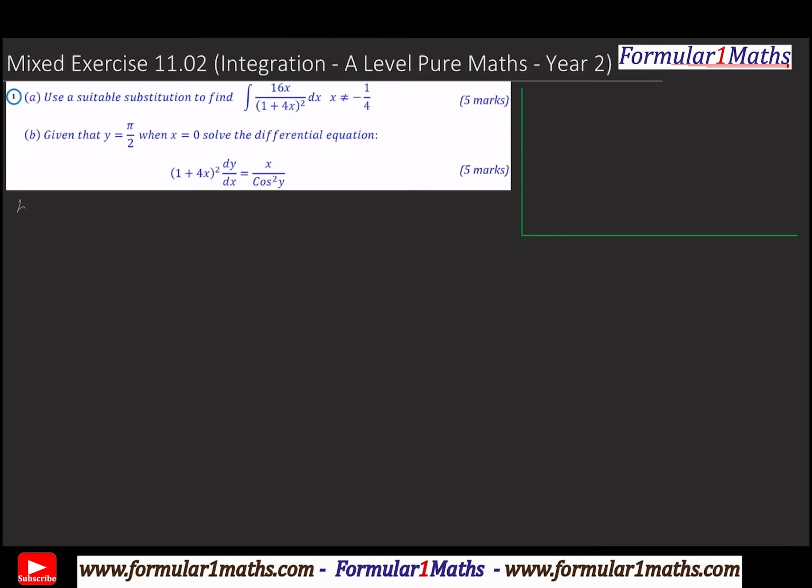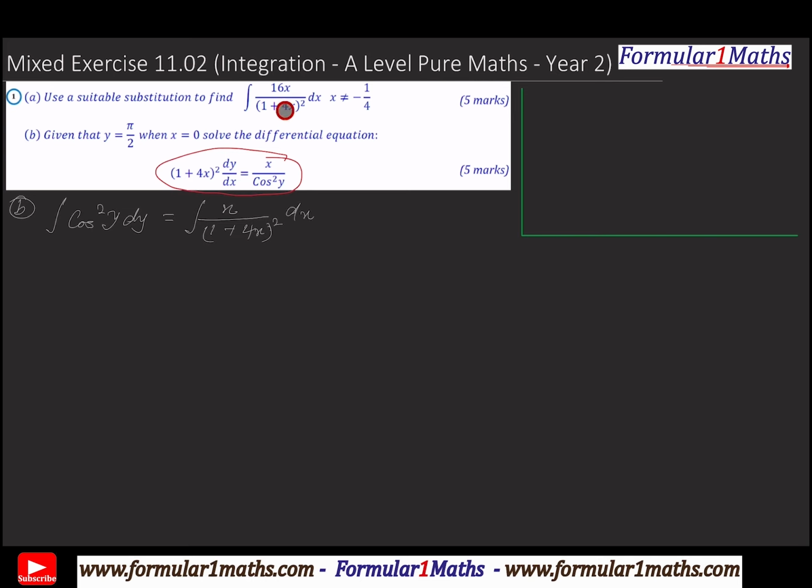For B, we need to solve this differential equation here. So we can do that by separating the variables as follows. The integral of cos squared y dy equals the integral of x over (1 plus 4x) all squared dx.